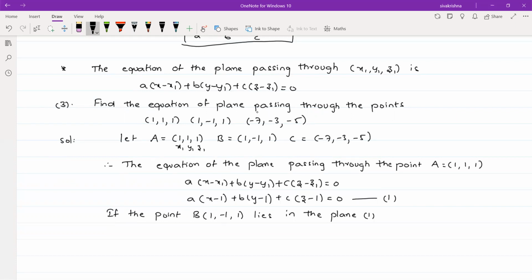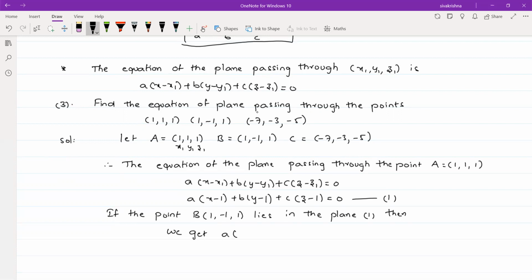Since we have to find the equation of the plane passing through 3 points, if B lies on equation 1, then treat B as x comma y comma z. Whenever a point lies on an equation, we have to substitute the point in that equation. It means we have to substitute the values of x, y, z in equation 1.